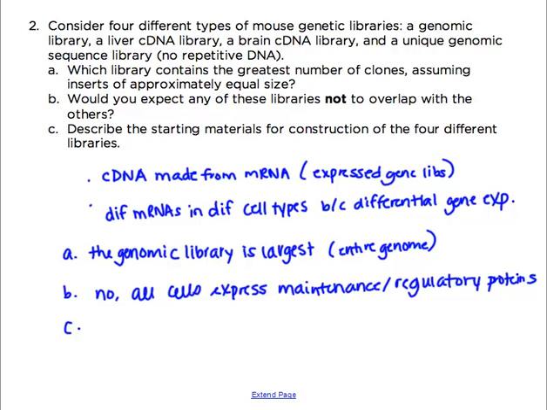So the genomic libraries come from the DNA taken from the nucleus, right? So we'll say genomic DNA from a nucleus. And then unique is the entire genome minus the repetitive sequences.